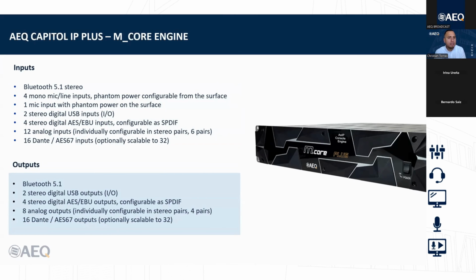The output is Bluetooth only in mono output, 2 stereo digital, 4 stereo digital AES, 8 analog outputs, and 16 Dante. It's the same function only in Dante, the channel input and channel output.